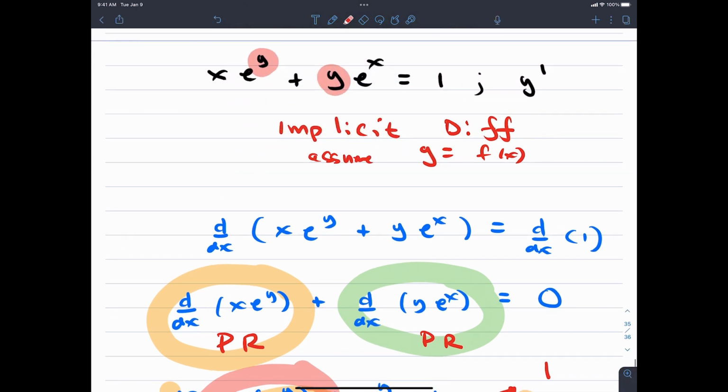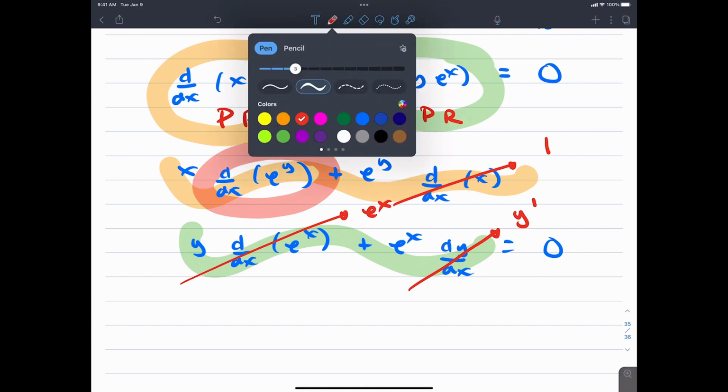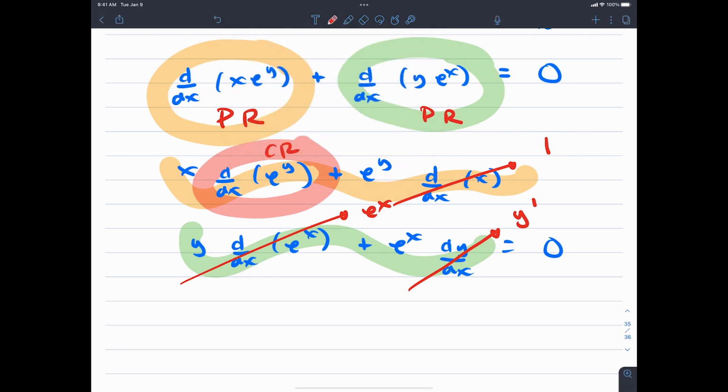They're functions of x. y is a function of x. y is not constant, bless you. Don't say y is constant. y is a function of x. So what does that mean I have to use here to differentiate? Chain rule, yeah. So that's going to be e to the y times dy/dx.